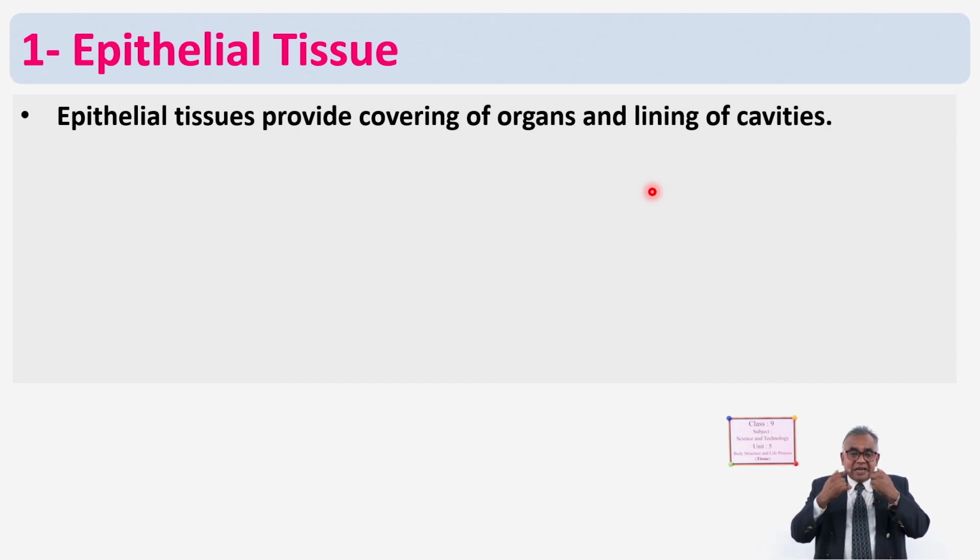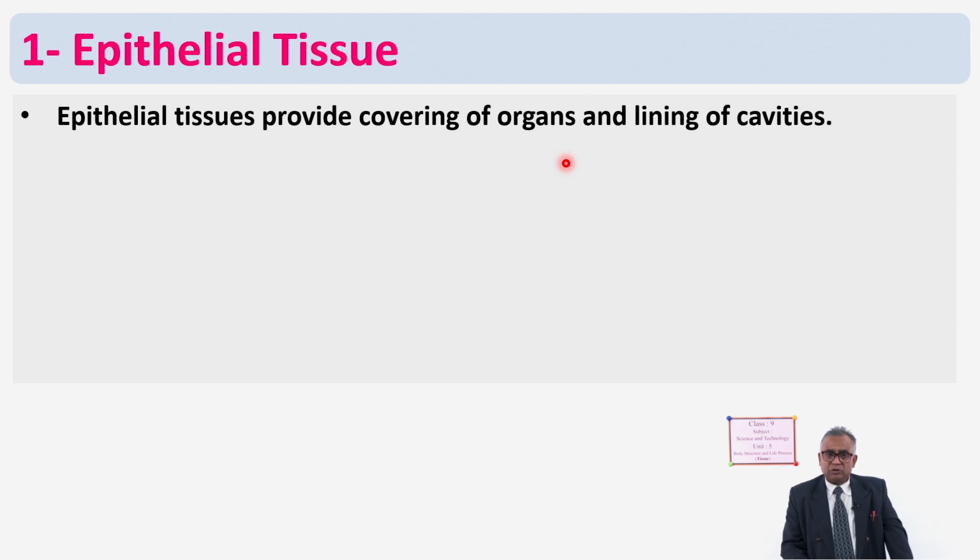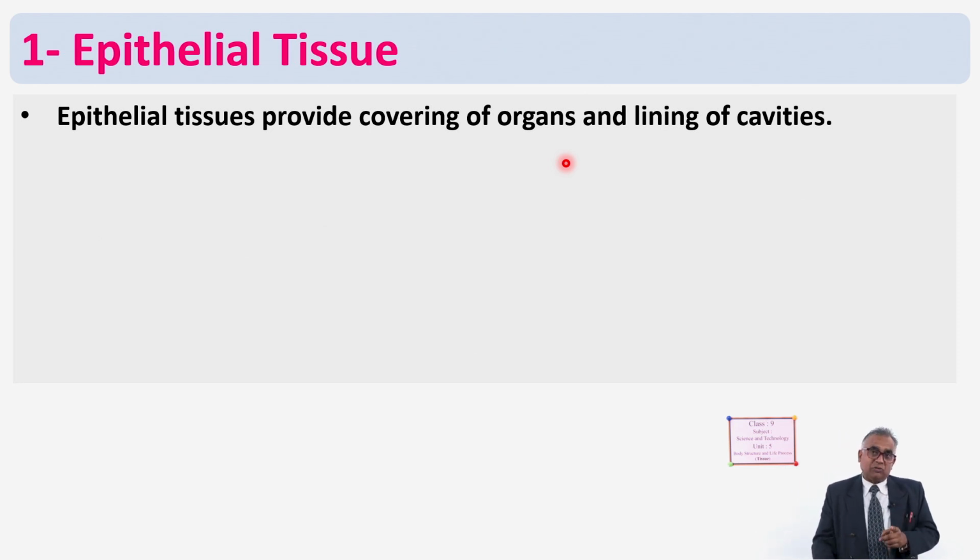And the lining of cavities, nasal cavity, ear cavity, the inner layer of these cavities is called lining. These linings are also made up of epithelial tissues. Blood vessels are cavities too. So inner lining, outer lining, they are made up of epithelial tissues. So main thing, epithelial tissues form covering and lining.